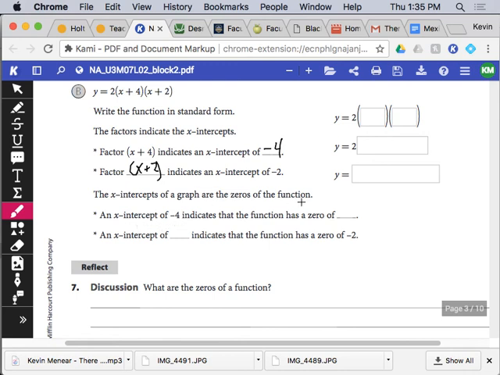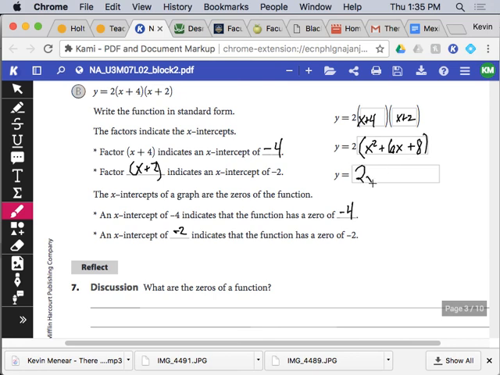An x-intercept of negative 4 indicates that the function has a zero of negative 4. An x-intercept of negative 2 indicates that the function has a zero of negative 2. So then we go ahead and fill this in. Pretty much correlate with the number. Yeah, it's the same idea. It's just kind of saying the same thing twice. x squared plus 4 times x plus 2 times x is 6x plus 4 times 2 is 8.